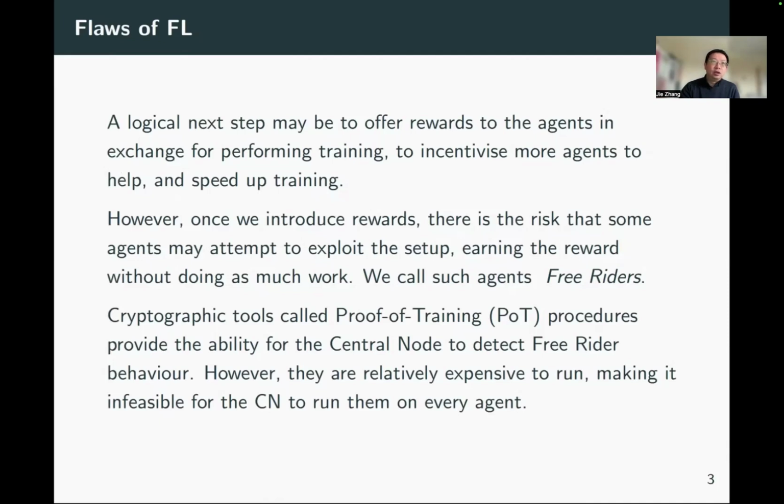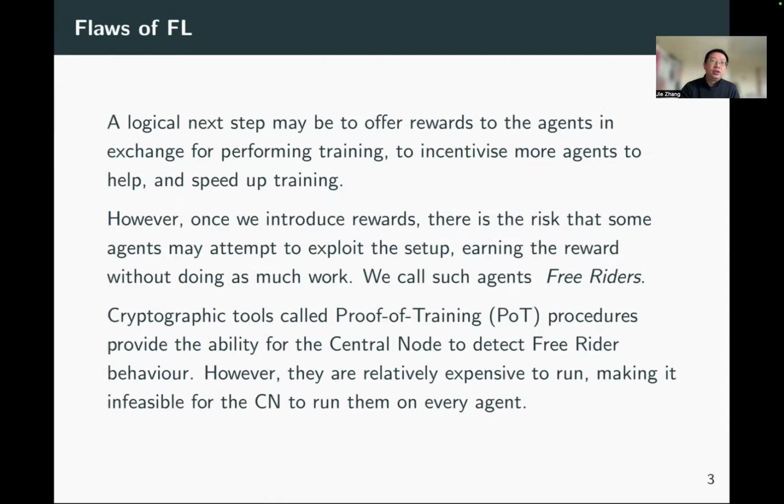Free riders are going to be performing attacks to pretend and look like they have done some training without doing anything. There are some techniques called proof of training that have come out of cryptography that allow us to verify that the agents have actually trained and are not engaged in free rider behavior.